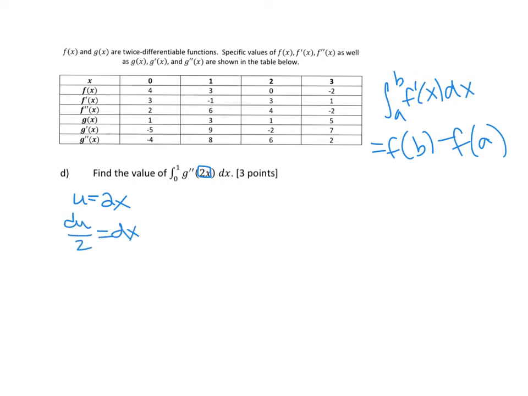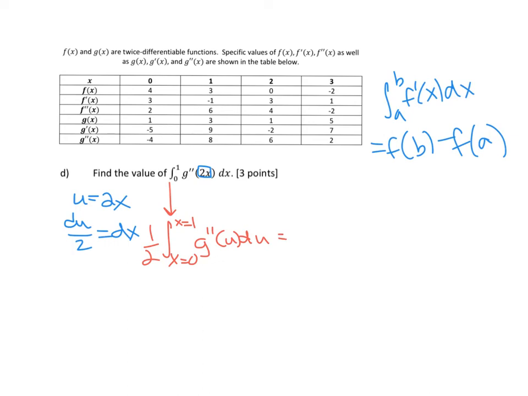When I do u substitution, I always like to rewrite my constraints just with the first variable that I started with, just to be safe on that one. So I have the integral from x equals 0 to x equals 1 of g double prime of u du. And don't forget that the du is over 2, so I'm just going to put a 1/2 in front.